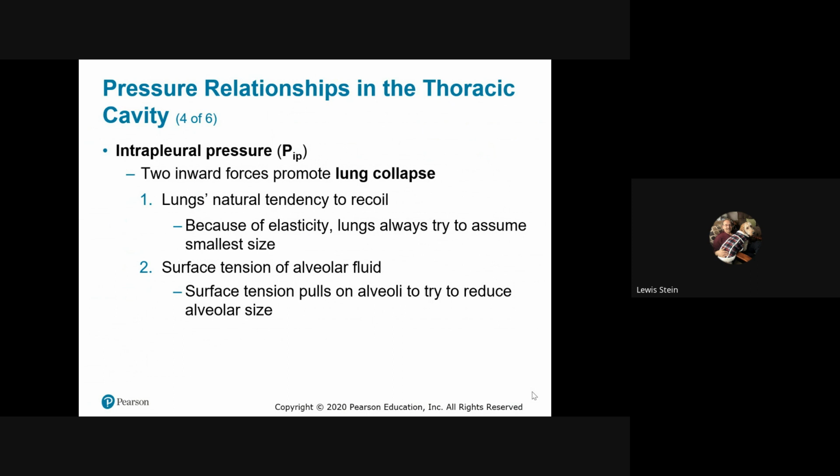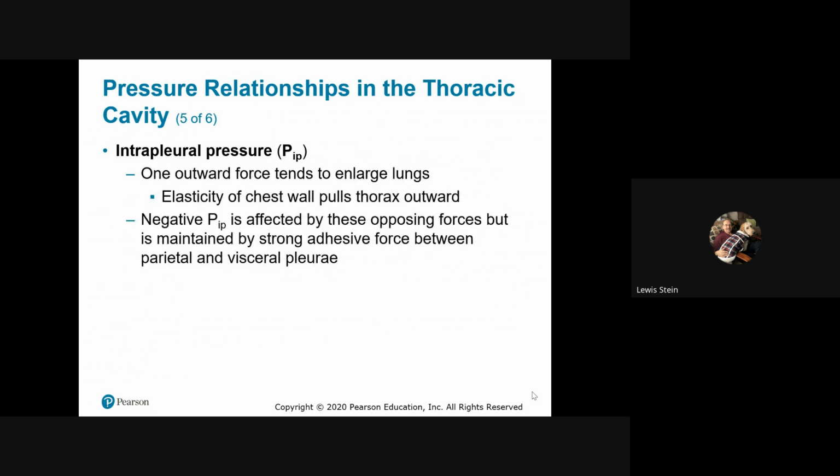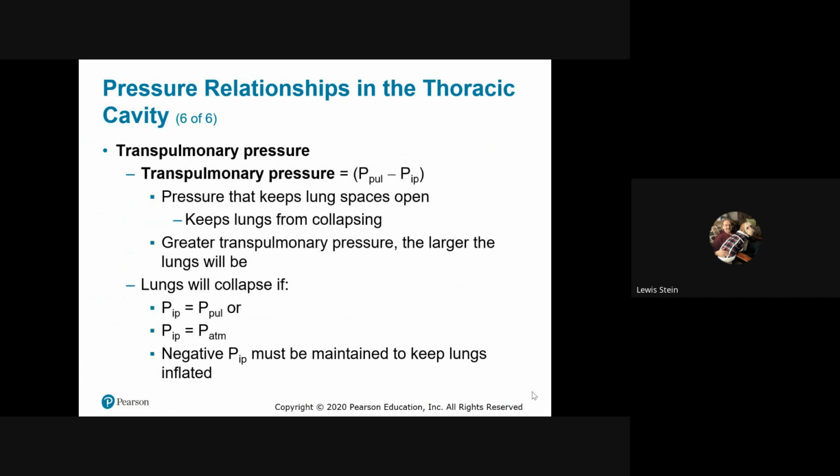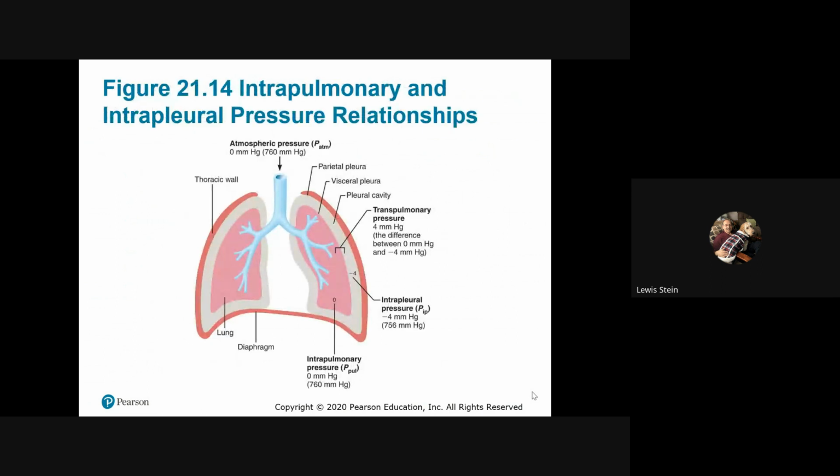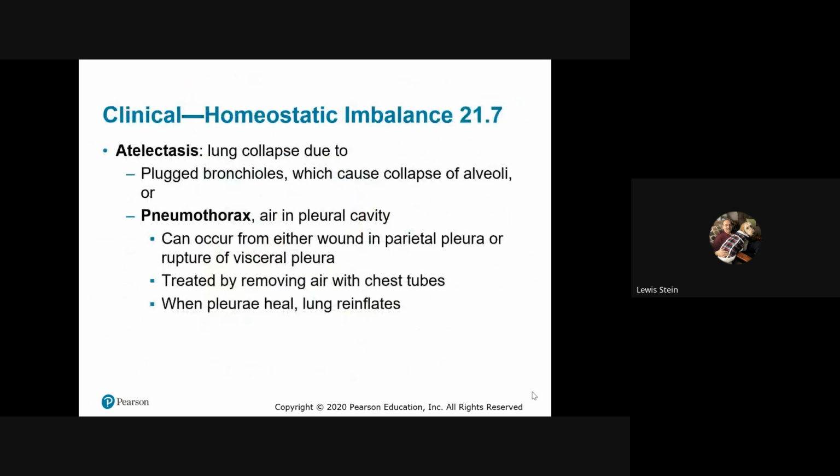The difficulty with that is it does tend to reduce the size of the alveoli so they don't stay overly inflated. So we have to have other forces, and that has to do with the negative pressures and some of the surface tension on the exterior, so the surface tension interior and surface tension exterior. All of those things play a role in it. Then you can do these calculations, and they're showing them to you here. We're not going to go over it.